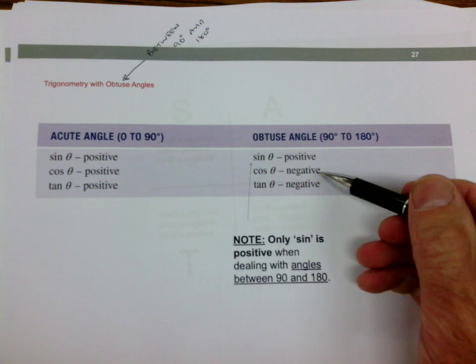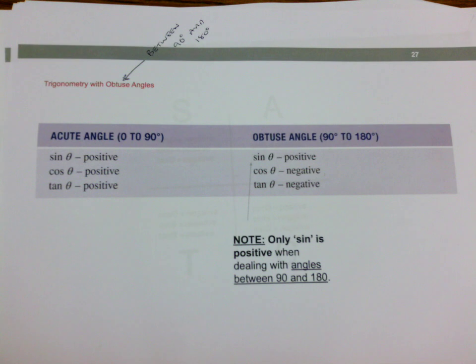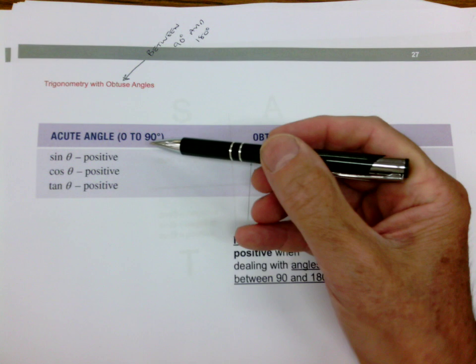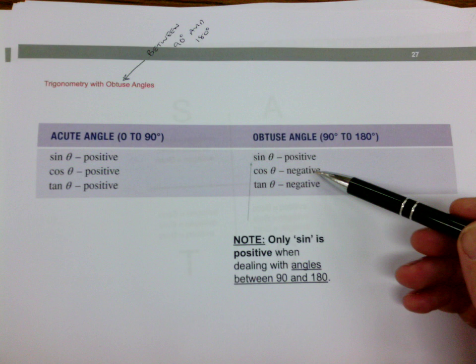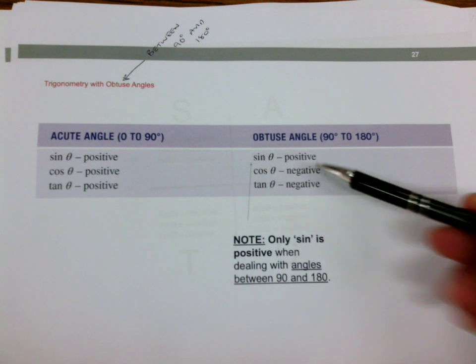That's a negative number, all right? And if you do tan of 110, you get another negative number, don't you? Minus 2.747. So in summary, sine is always positive if it's less than 90, and when we're between 90 and 180, it's negative for cos and tan, but for sine it is positive.